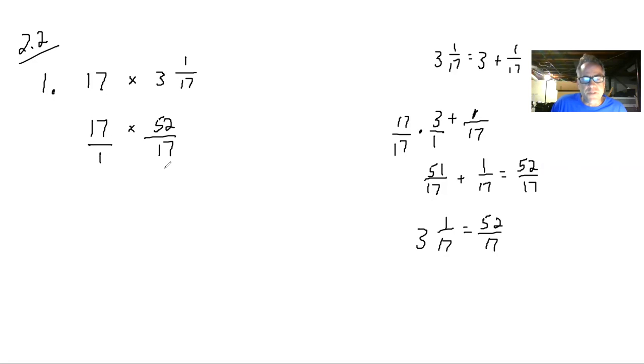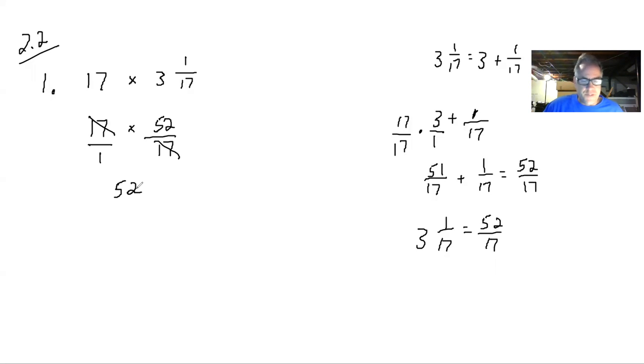And we know this is 17 over 1. Now, you can reduce it before you ever multiply. If you know that you've got factors between top and bottom that cancel, go ahead and cancel. Like the 17 here and 17 here cancel, which would leave me 52 in the top and 1 in the bottom, which is 52. So that is your answer.